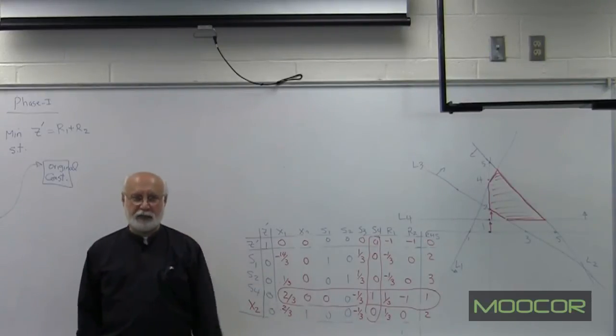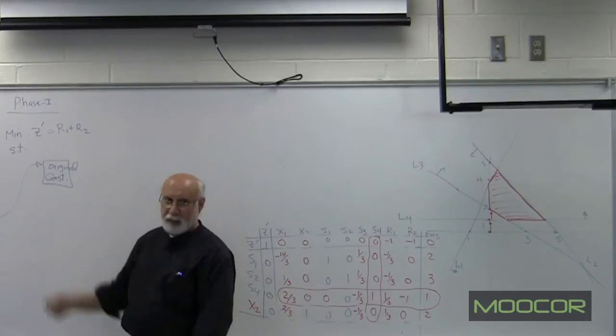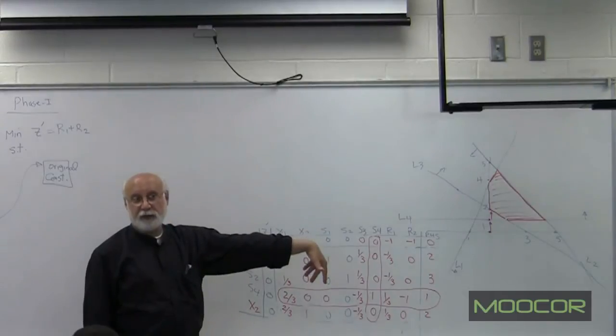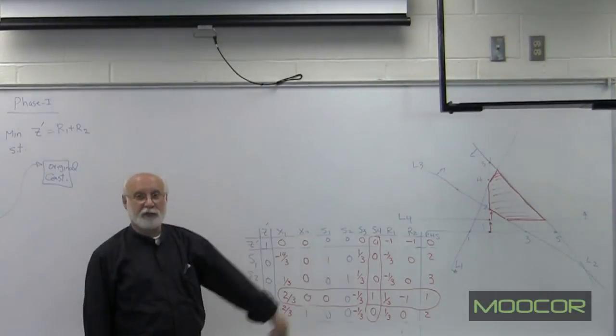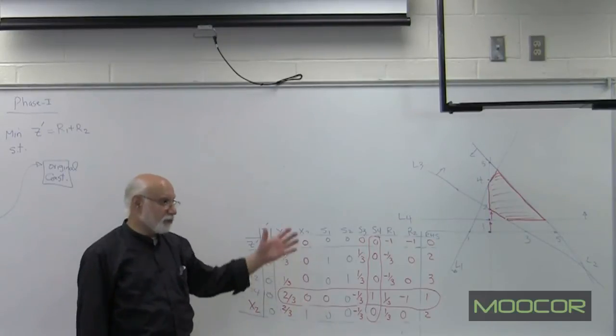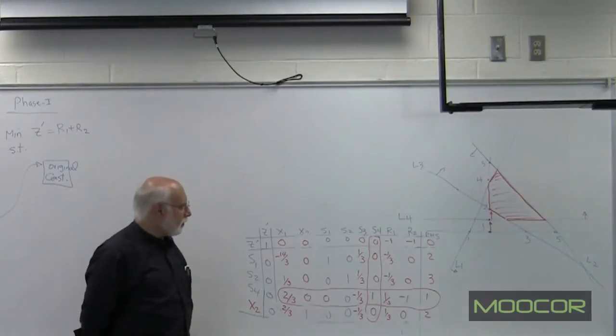Always it would be like that. If you convert that to a maximization problem, everything will be 0 except underneath the artificial variables, where you would have plus 1s, as many as the number of artificial variables that you have.